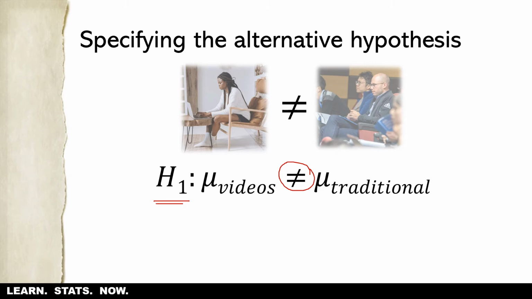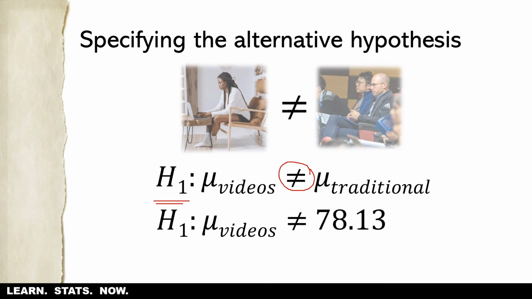Now, we don't know the direction of the difference, and we're not predicting that. But what we're saying with the alternative hypothesis is that there is a difference between the means for our sample and the mean for the population. Those means are not equal, and the inequality cannot be accounted for by chance or sampling error.